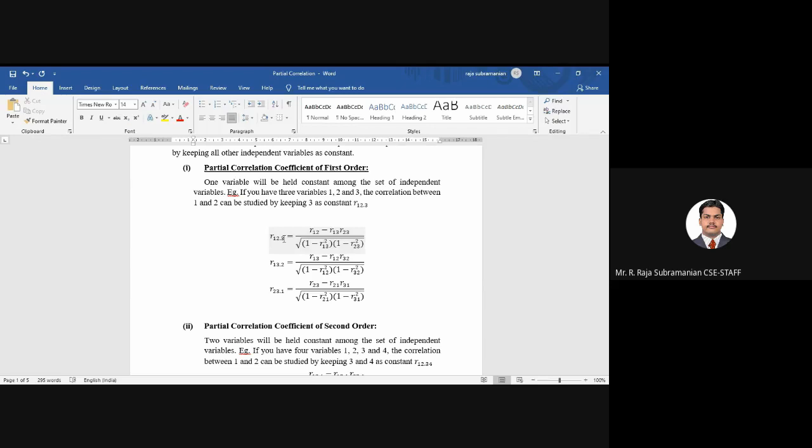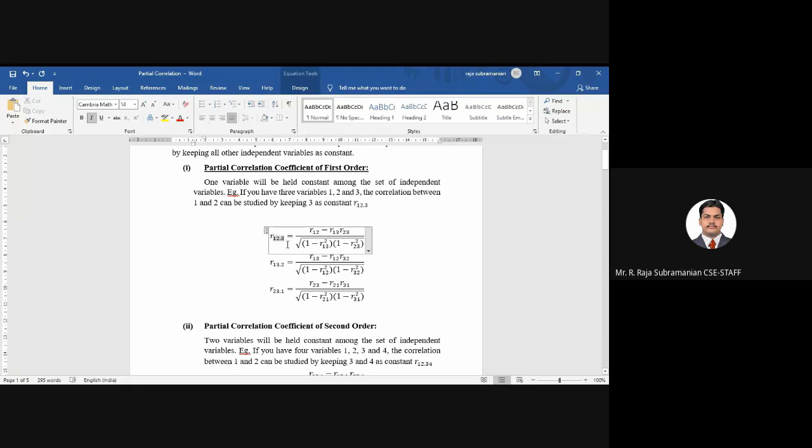Then we have to use both to have a zero order correlation. But I am purposely making the output dependent on only one variable, and the other variable is made constant. So rainfall with humidity dot temperature as constant is the partial correlation coefficient.